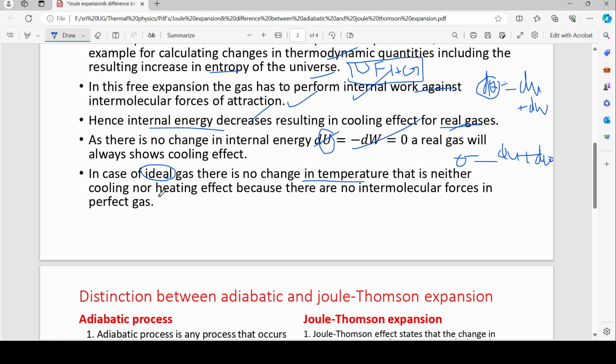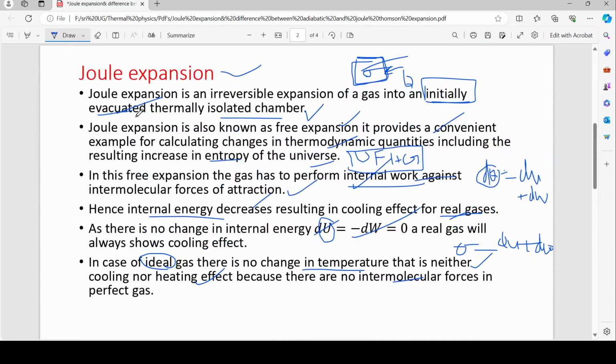An ideal gas shows neither cooling nor heating effect, because there are no intermolecular forces in a perfect gas. In a real gas, intermolecular forces are present. So this is the Joule expansion.